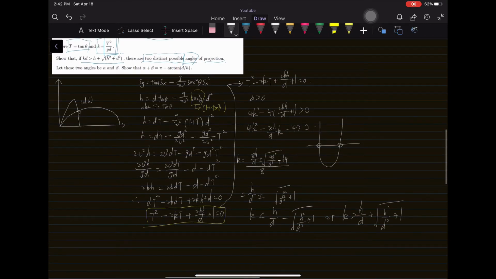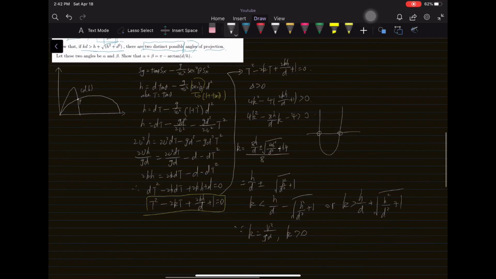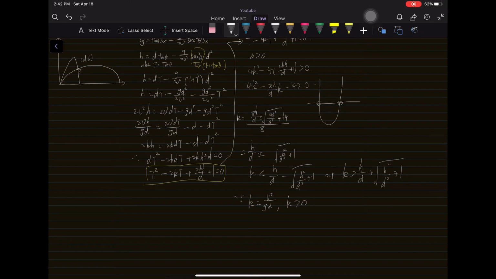But we know that because k equals v squared over gd, k must be bigger than 0. So the only thing that works is k is bigger than h over d plus this.